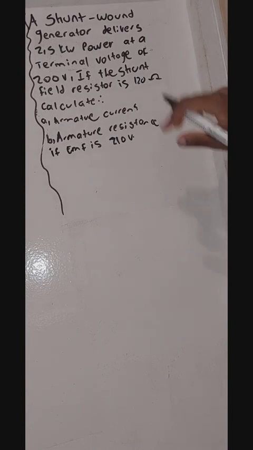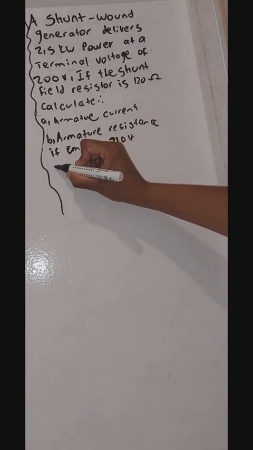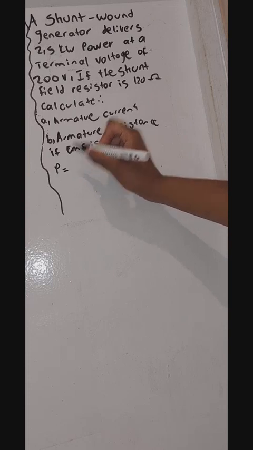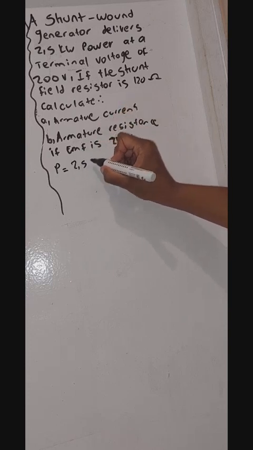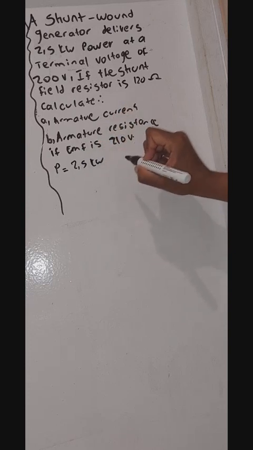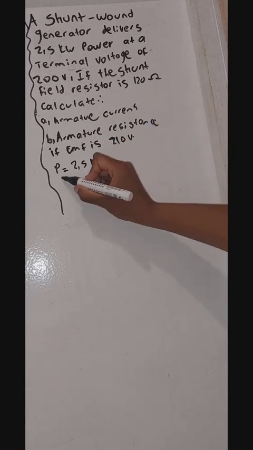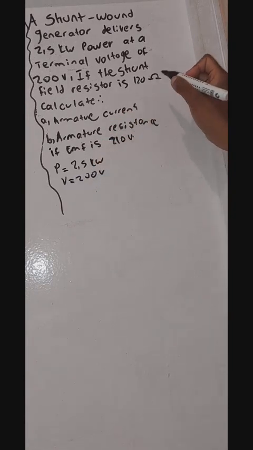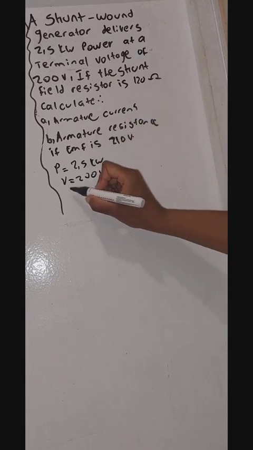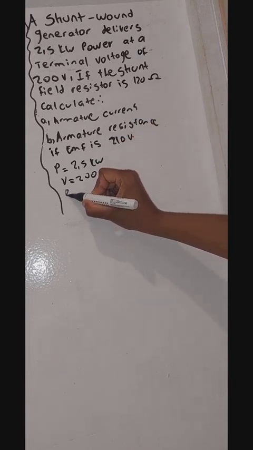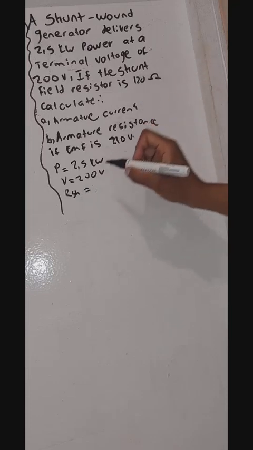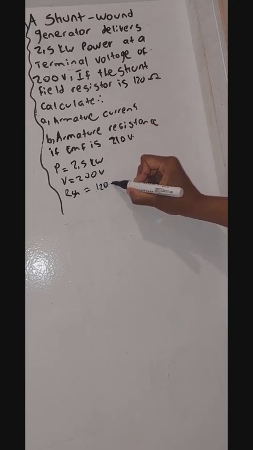What are we given? We are given the power. Remember, it's 2,5 kilowatts, right? And the voltage we are given is 200 V. And the shunt field resistor, R shunt, is equal to 120 ohms.